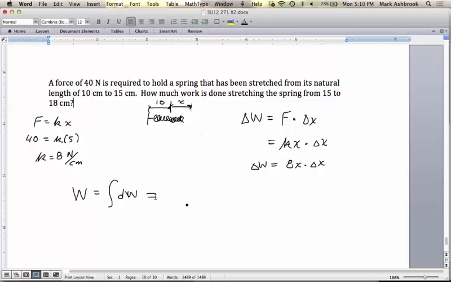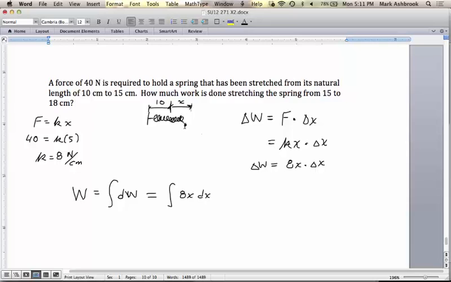Therefore, the total amount of work we'll do is summing up all those typical amounts of work. So force is 8x, little change in distance dx. And now what will x go from? From what to what? 15 to 18? 5 to 8? Okay, I heard 15 to 18 and I heard 5 to 8. Remember what x is? x is the displaced length of the spring.